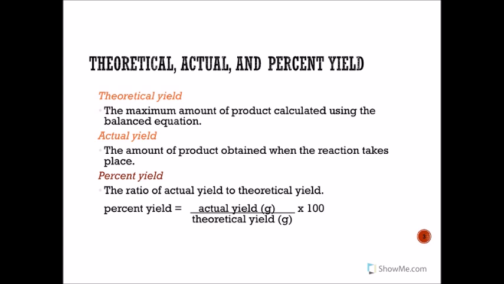You want as close to 100% of the product being obtained as possible. Now, that's not always attainable, depending on the circumstance, but that's what people in industry really work to perfect their processes.